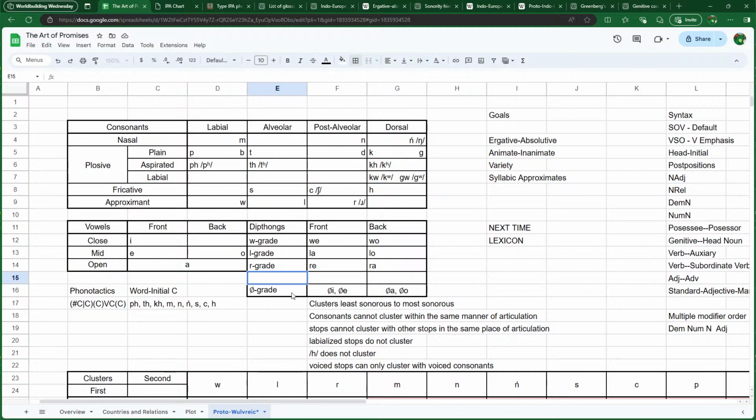Okay, so this is zero grade because it is not a diphthong. What if I call this vowel grade? And then this would be zero grade, because, oh wait, it doesn't have a front and back distinction.